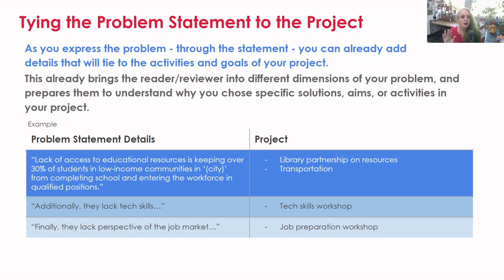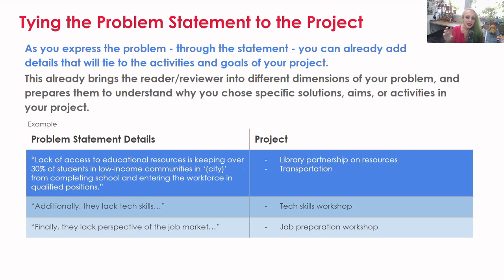So an example of that, taking the previous example of the lack of access of students: imagine that lack of access to education resources is keeping over 30% of students in low-income communities from completing school and entering the workforce in qualified positions.